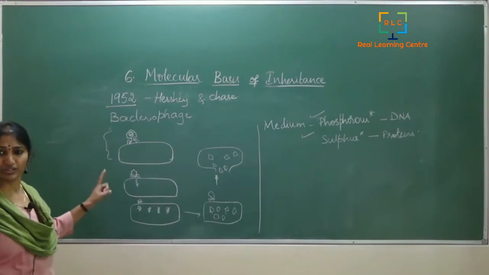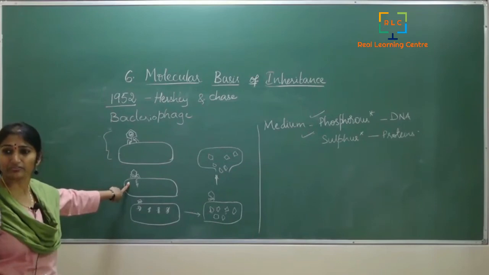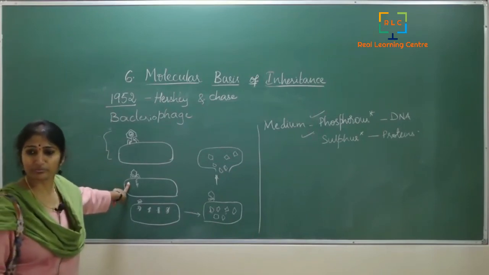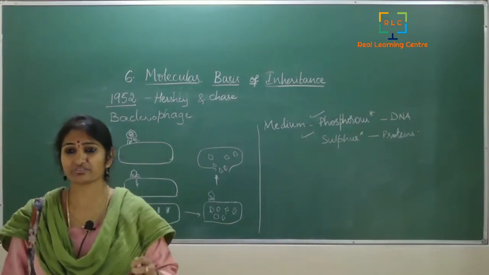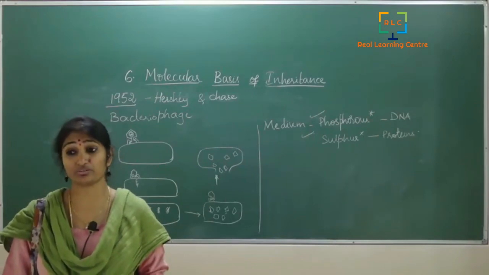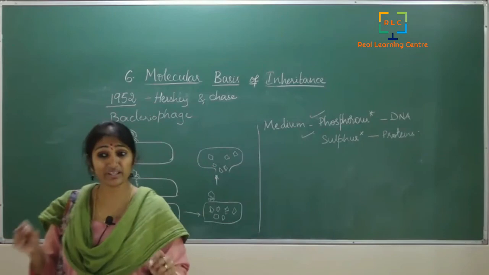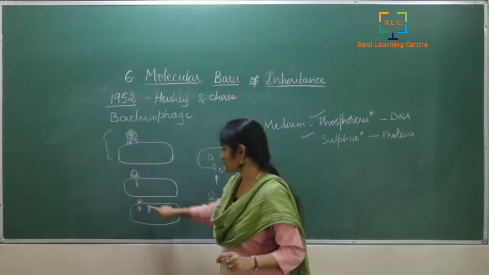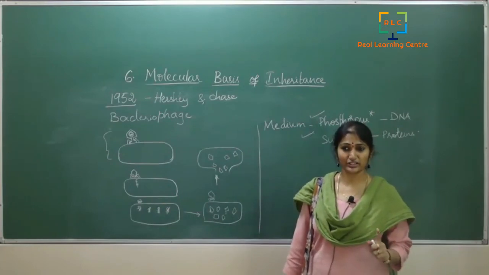Now if the virus had radioactive DNA, it is passed on from the virus to the bacteria. So the bacteria which was infected with viruses had only radioactive DNA but not the proteins. Now this shows that only DNA was entering inside the cell and not the proteins. You are getting the point?